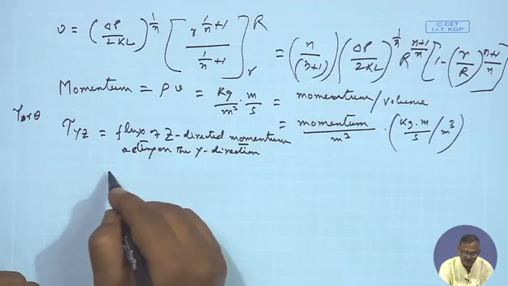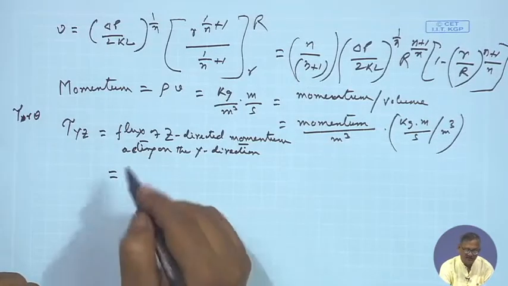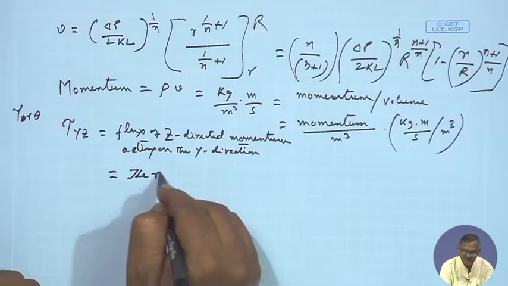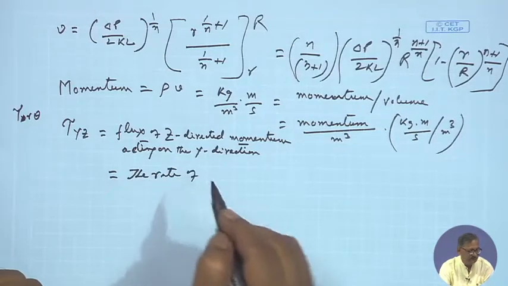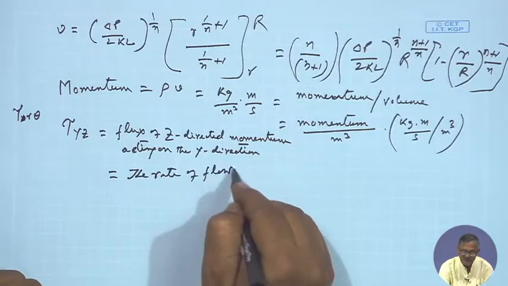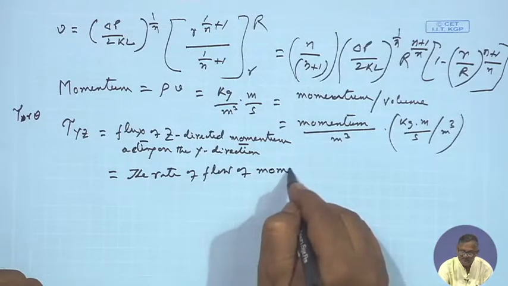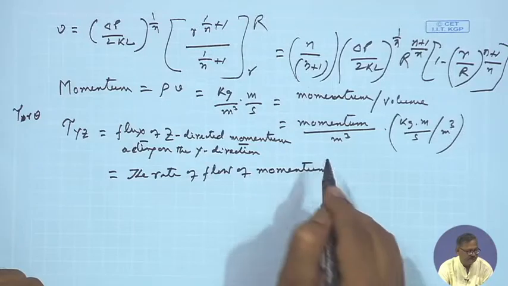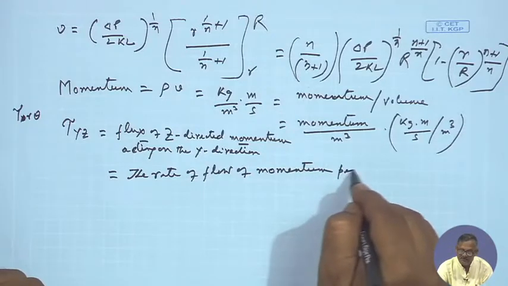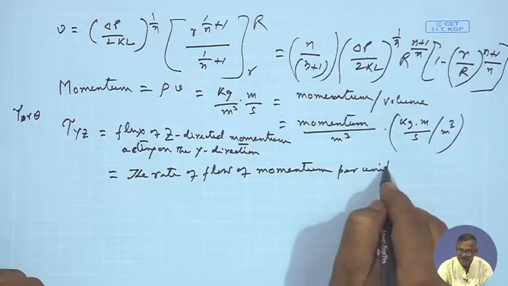This can also be written as the rate of flow of momentum per unit area.